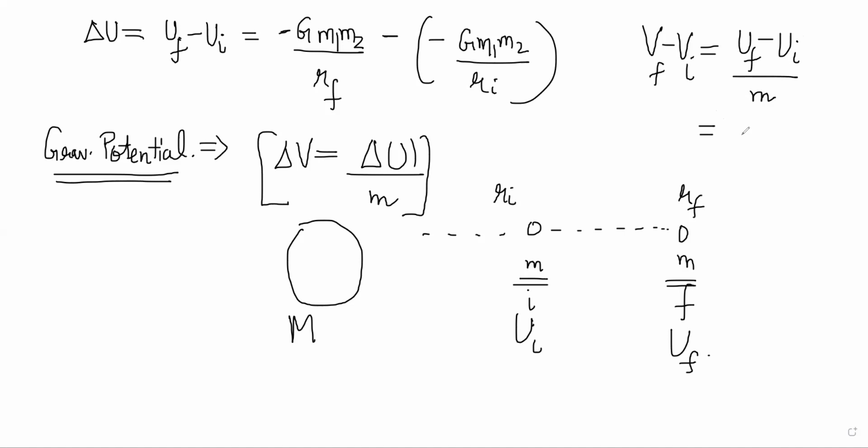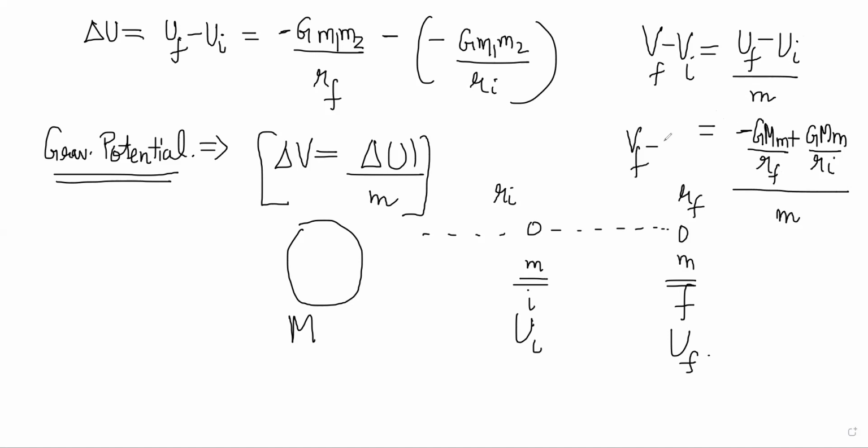So this comes out very simply. U final minus U initial is minus G M small m by Rf minus, minus, so plus G M small m by Ri, divided by small m.